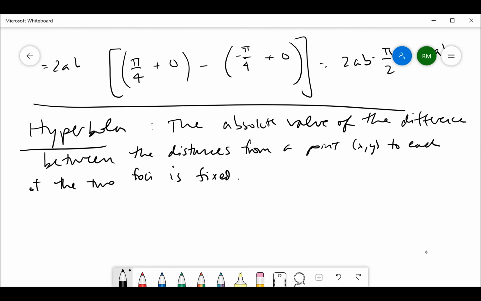So for the ellipse, you added the distances to the two foci, and that sum was a constant. Now you take the difference of the distances to the two foci, and that difference, the absolute value of it, must be fixed.